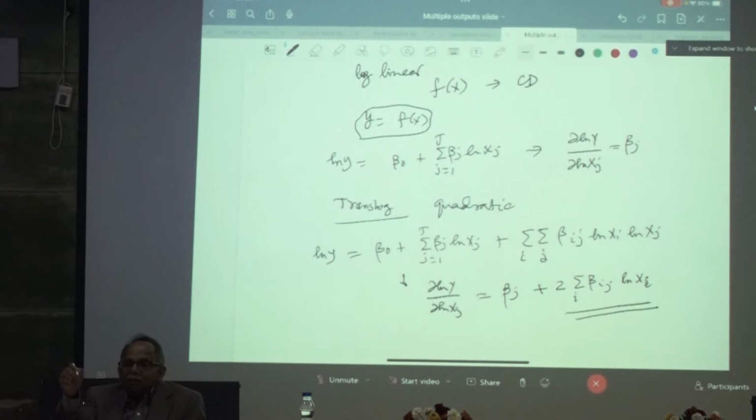So if x are different for different farmers, then again this is going to be observation specific. Okay, and observation meaning that if observations are farmers, then this is farmer specific.